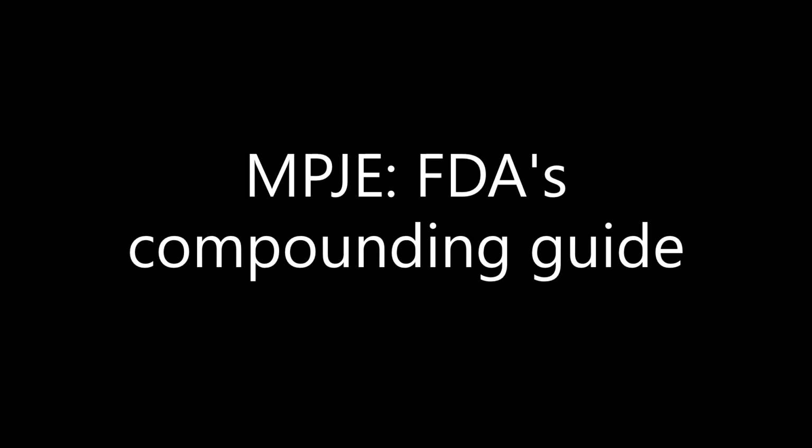So not clearly identifying whether it's 503A or 503B can be misbranding, is what that's saying. Outsourcing facilities must label compounded drug products with the statement, "This is a compounded drug."